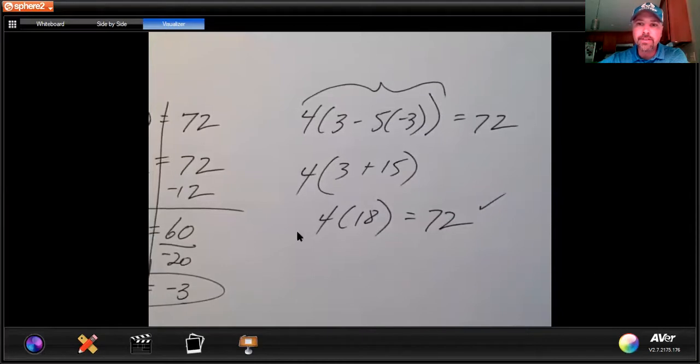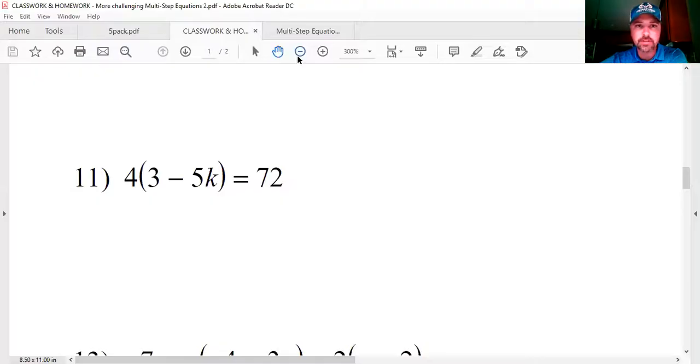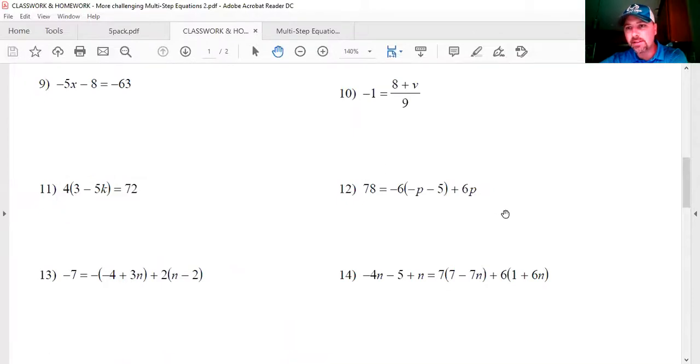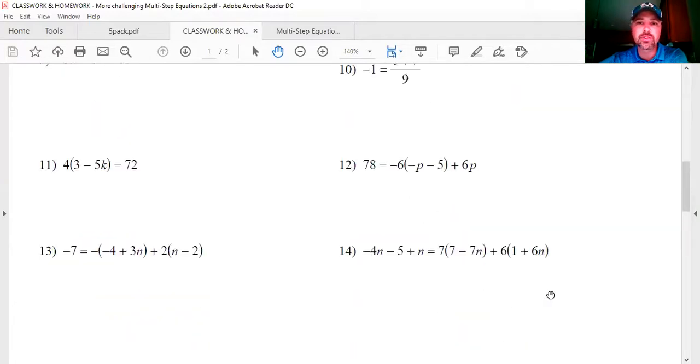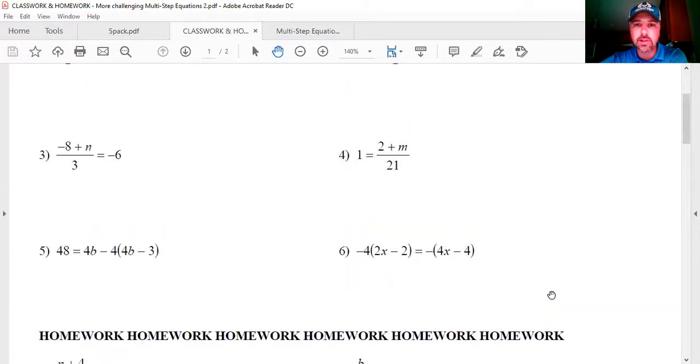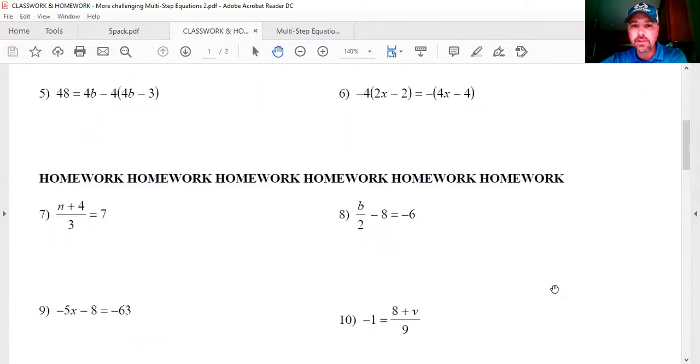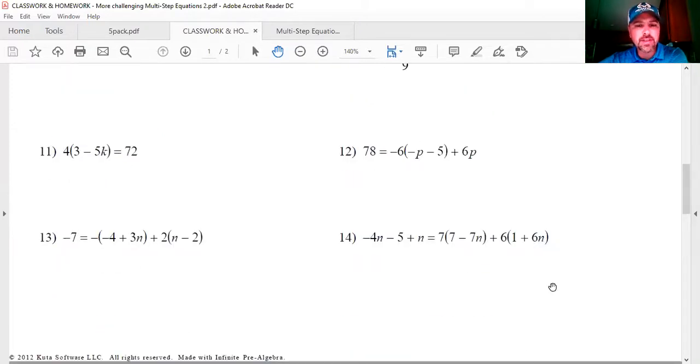All right, let's just look at the worksheet and see if there's anything else we must go through. I'm gonna make another video, I think, going over solving equations with terms on both sides. I think this one's long enough, and we've covered 2-step. I don't know if we've done 3-step.